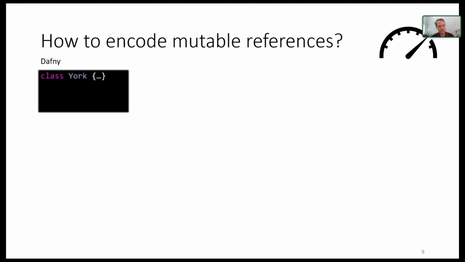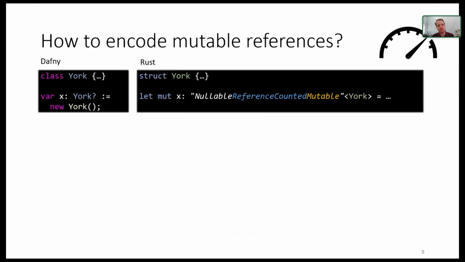So how to encode mutable references? In Dafny, you have this class York, and you have a new variable x that is an instance of York. And in Rust, you have a struct York, but structs in Rust are just a collection of bytes. So if you wanted to have a pointer, it should be behind a kind of wrapper around your structure, and this wrapper should indicate that it's nullable, reference counted, and mutable.